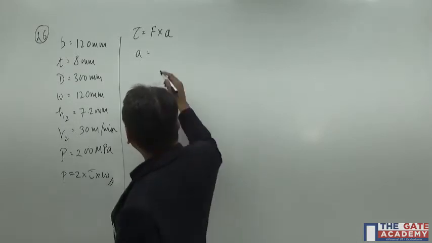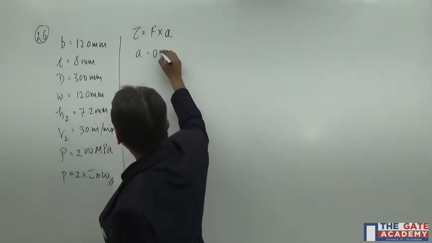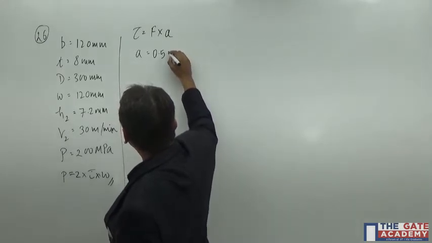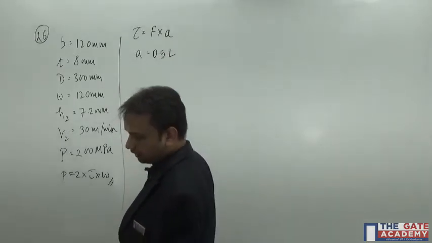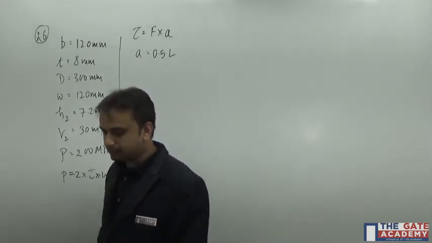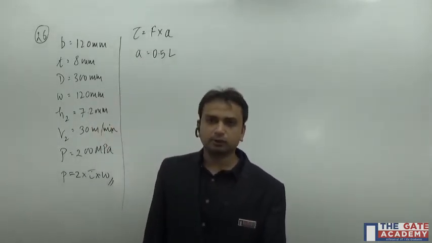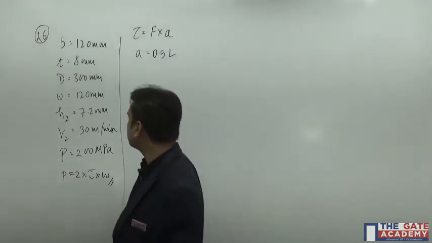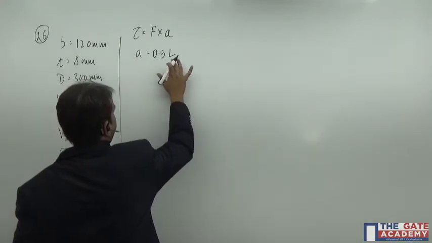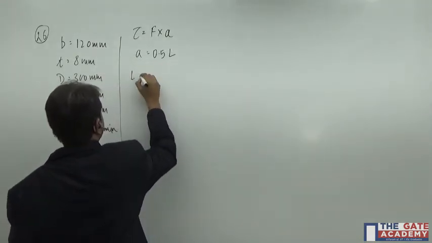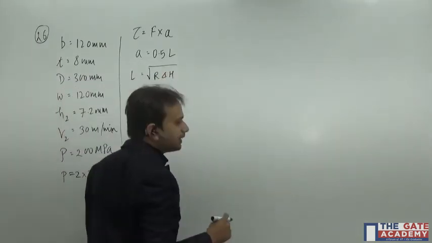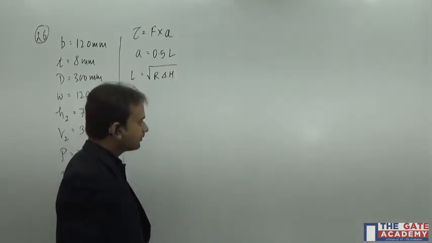A is calculated as 0.5 of L, right? Now what is L? L is the projected length, the length of deformation zone. Let me tell you that A is 0.5 into L, and L is nothing but under root of R delta H, and it is the length of the deformation zone.